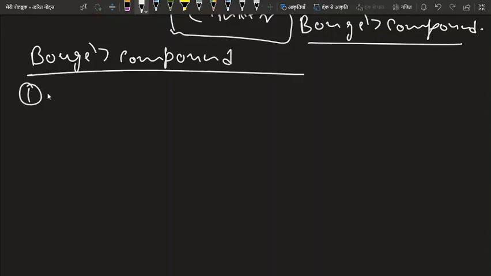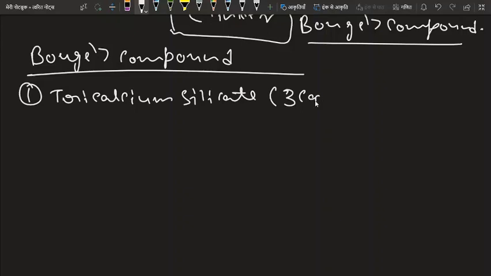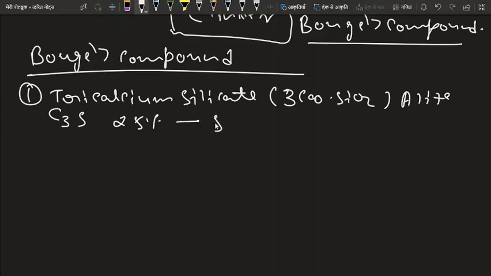First one is tricalcium silicate, 3CaO.SiO2. It is also called alite, also written as C3S, and it is present about 25 to 50%, on an average about 40%.